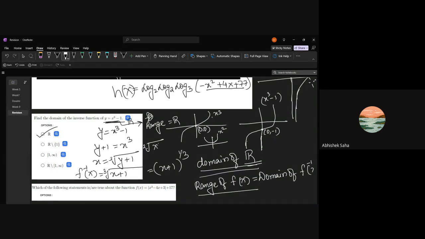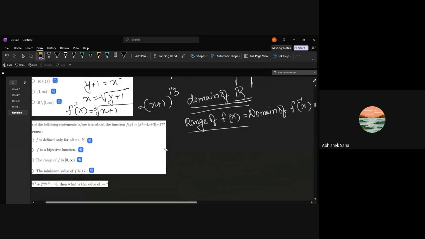But in the case of x cube, the domain and the range are both from R to R. So there will be no restriction in domain and range. It is similar to y equal to x.